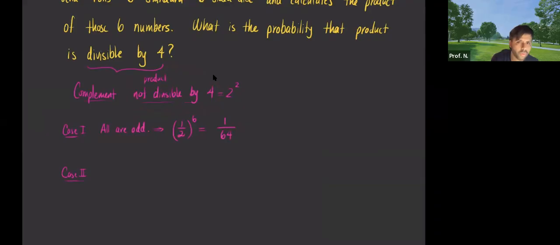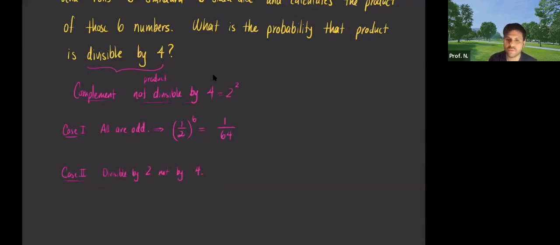But there's also one more case. There's a case when the product is divisible by 2, but not by 4. And how is that possible?